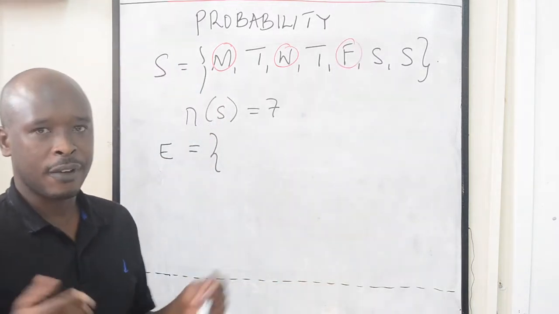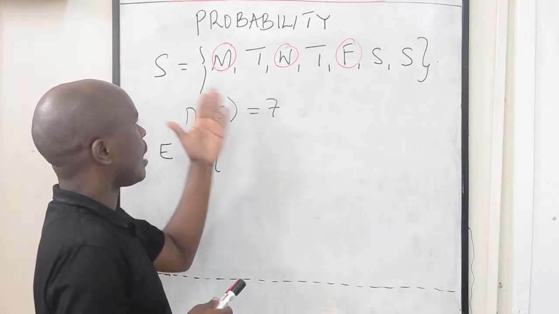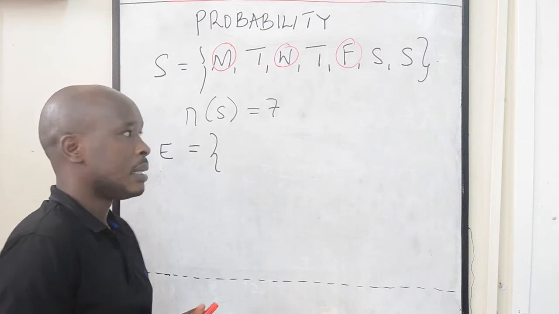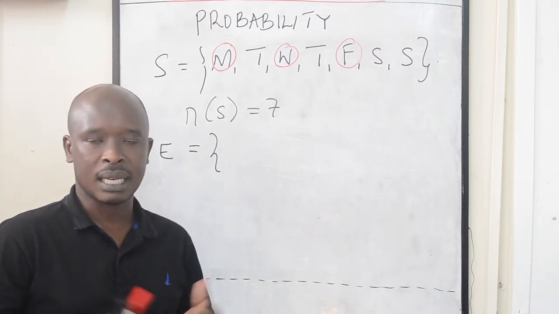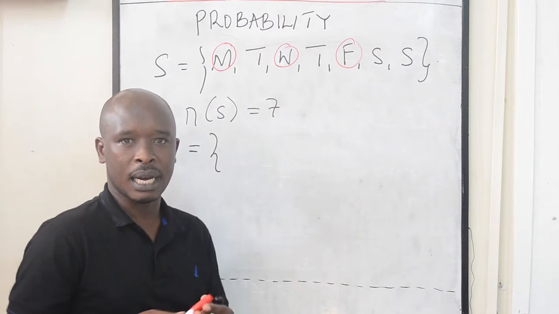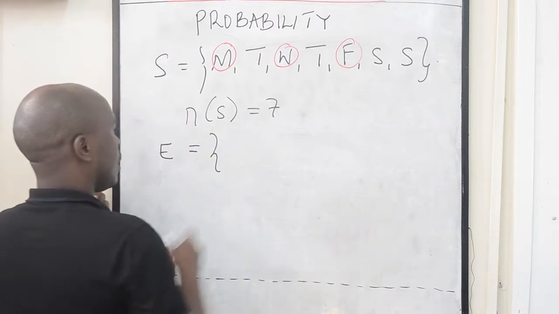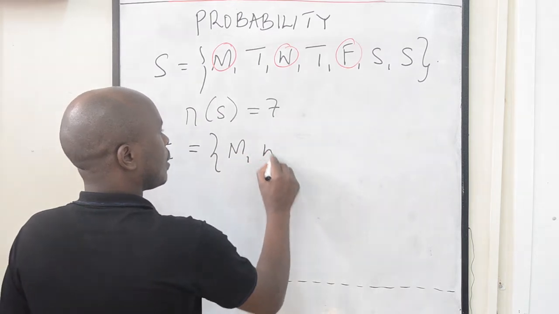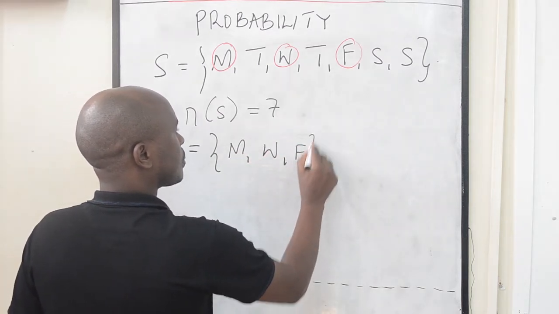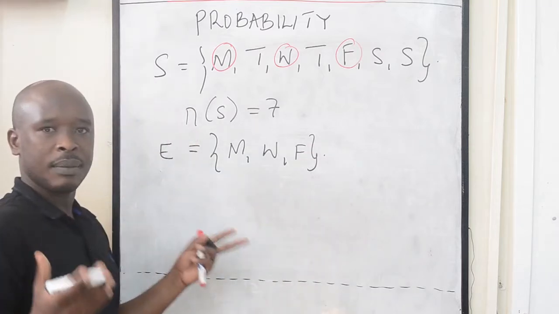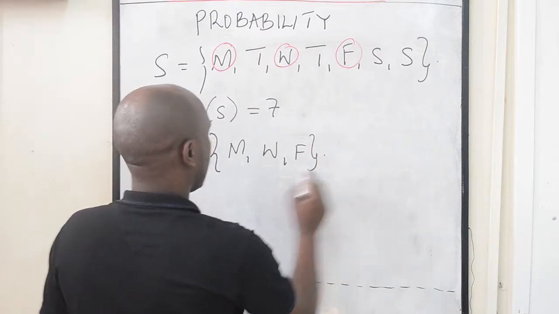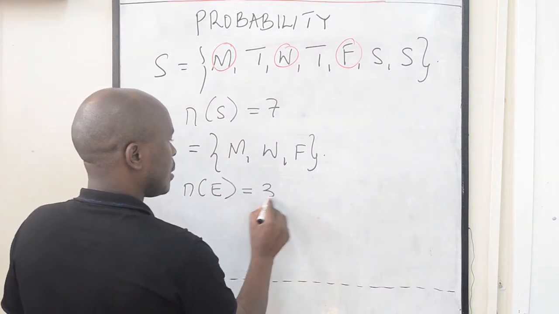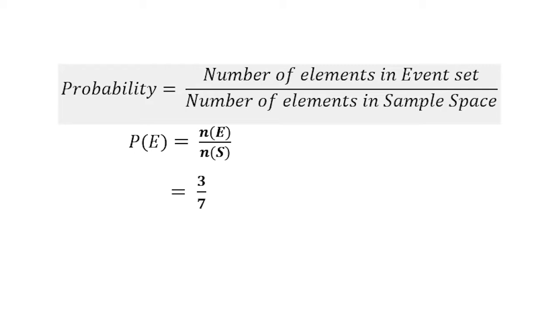So if he projected that Monday, Wednesday, and Friday are going to be sunny, it implies that the 3 days are going to form what we call the event. And in our number of events, we can have the 3 days, and we can determine how many they are by saying the number of possible events is 3.